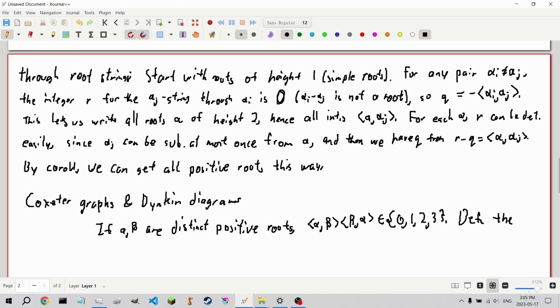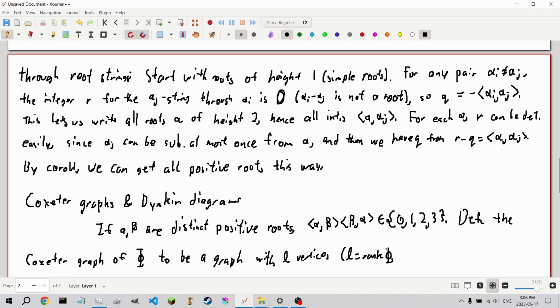Define the Coxeter graph of our root system to be a graph with L vertices, where L is the rank of the root system. I'll make a quick note of that here.